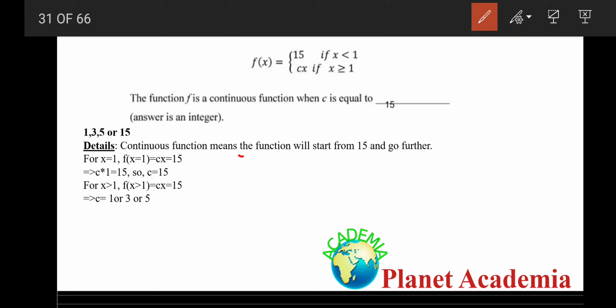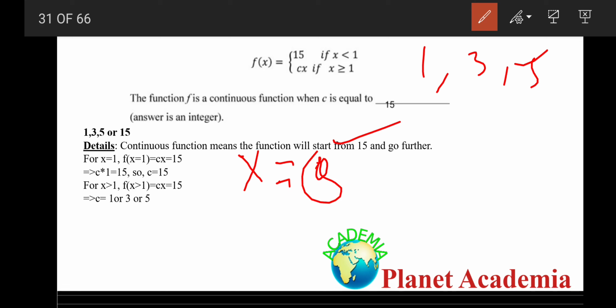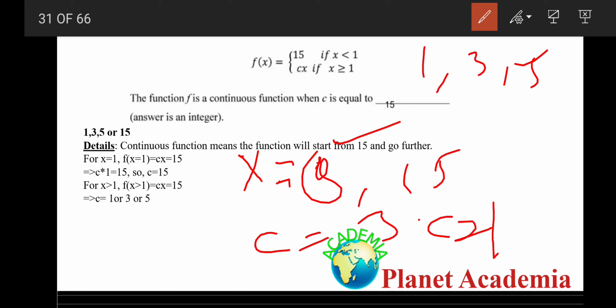If x equals 15, c equals 1. So anything can be the answer: 1, 3, 5, 15.